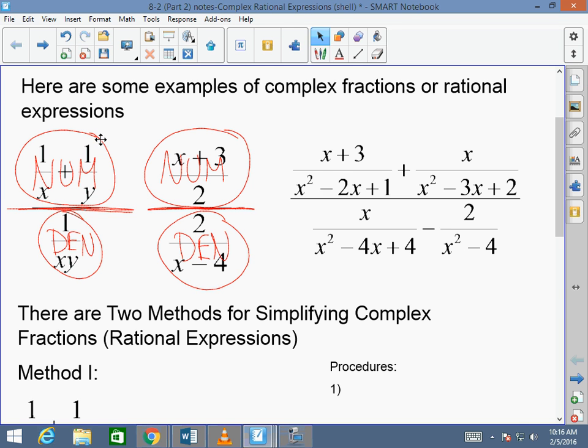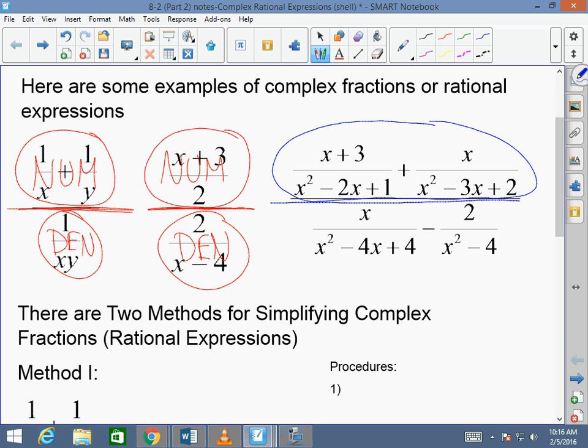You've got something really ugly like this. That's okay. This is a rational expression divided by a rational expression. So anytime you have, once again, a rational expression divided by a rational expression, it's a complex fraction.